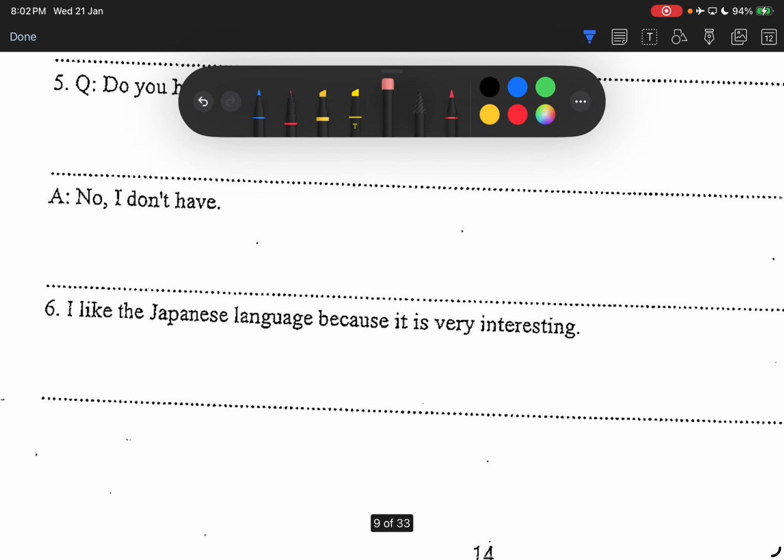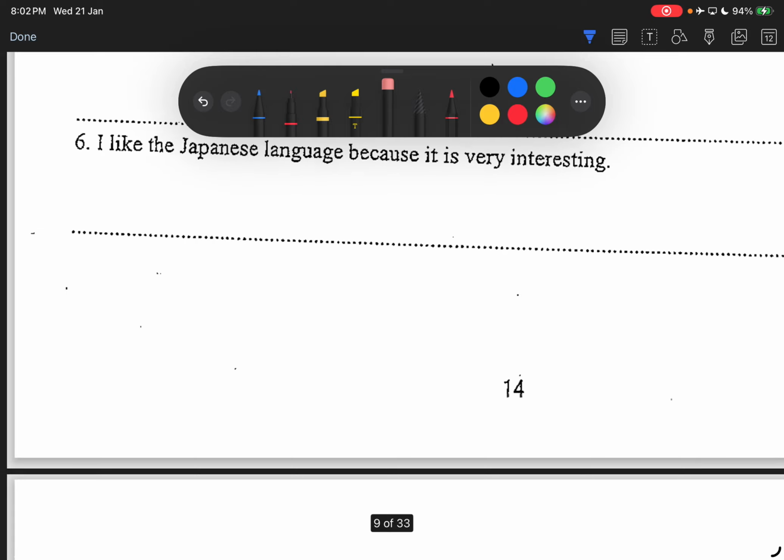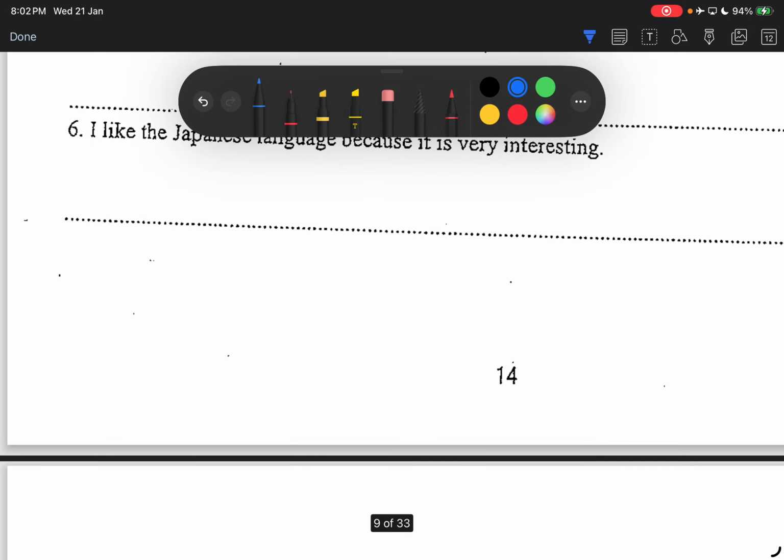I like the Japanese language because it is interesting. 私は日本語が好きです。面白いです。 Your sentence structure is all over the place. Okay, so over here, we need to use the kara that we learned just now.